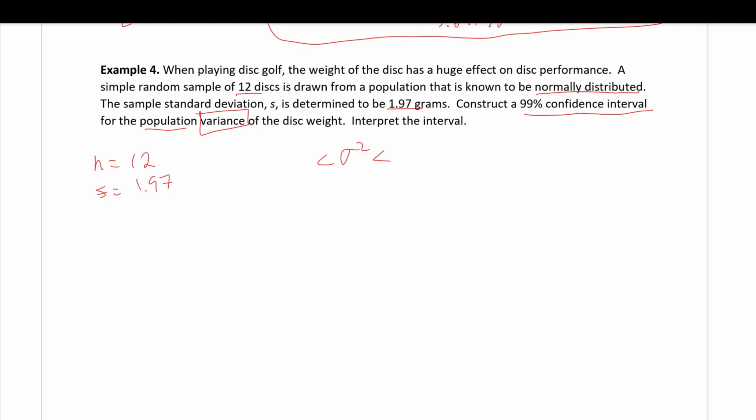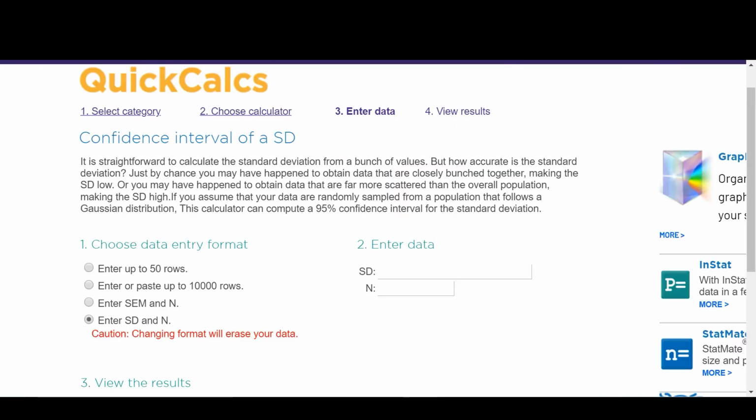All right, so let's calculate the confidence interval for the standard deviation first using the calculator. Using the exact same calculator from the previous example, which was for the confidence interval for our standard deviation, we're going to do this for this problem too. The standard deviation in our case is 1.97, sample size 12.